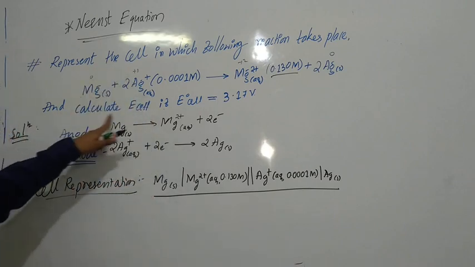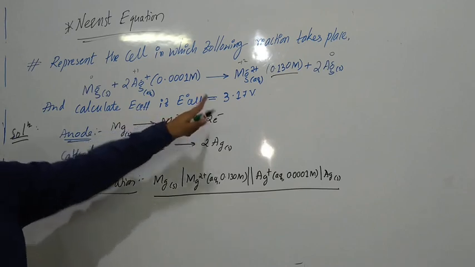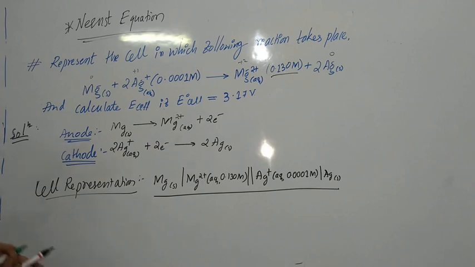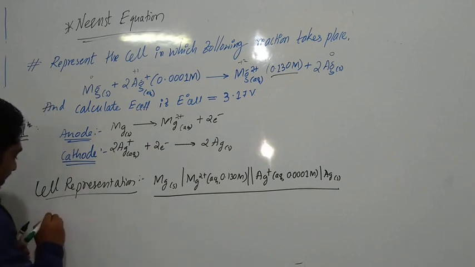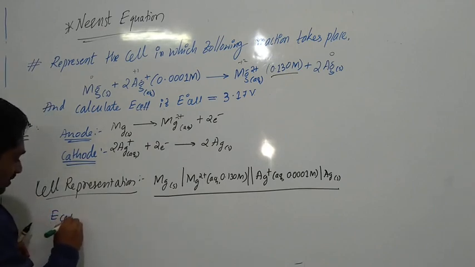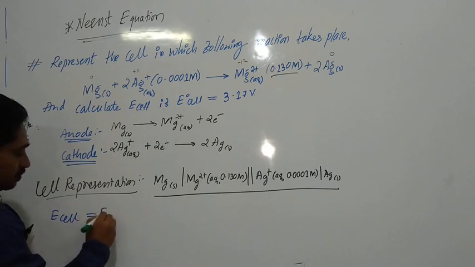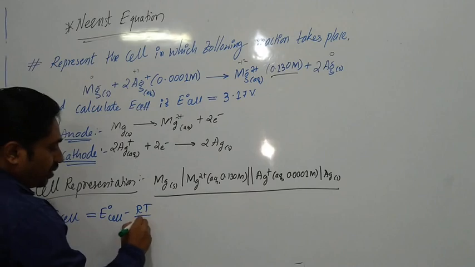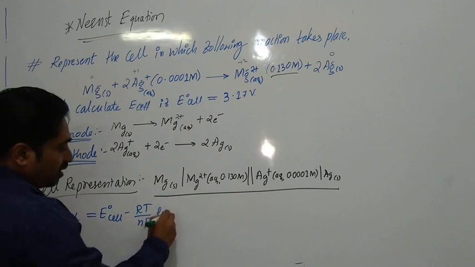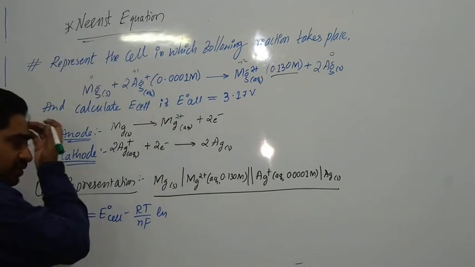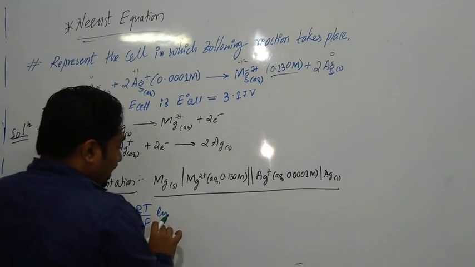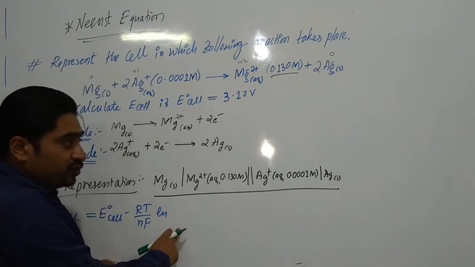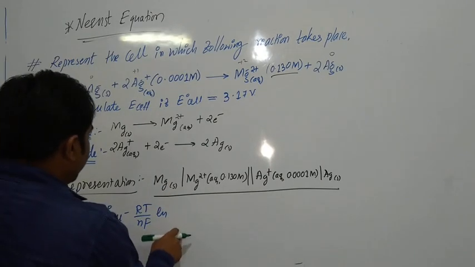Then calculate E cell. They have given the E naught cell value, and I have to calculate the E cell value. So what is the formula to calculate E cell? E cell is equal to E naught cell minus RT divided by nF, ln of, for such equations, the oxidized solution divided by the reduced solution.